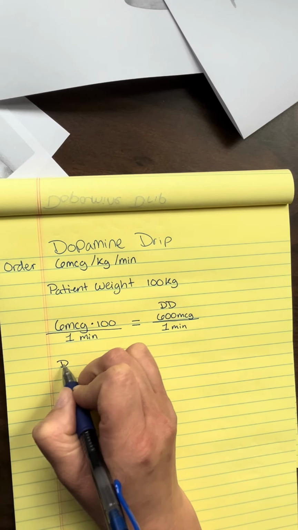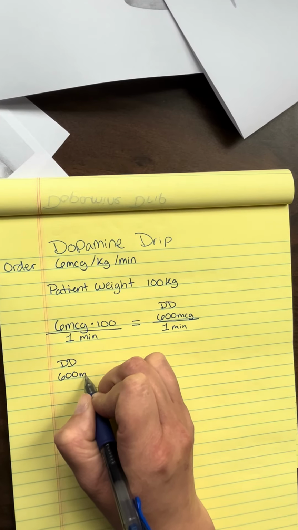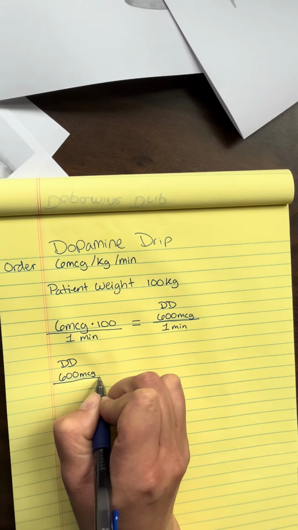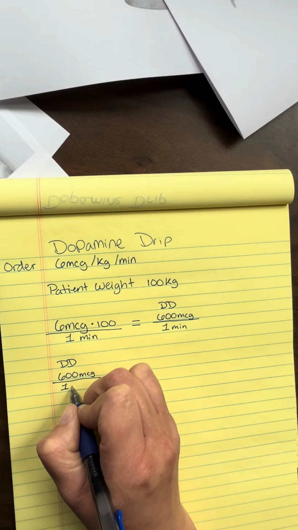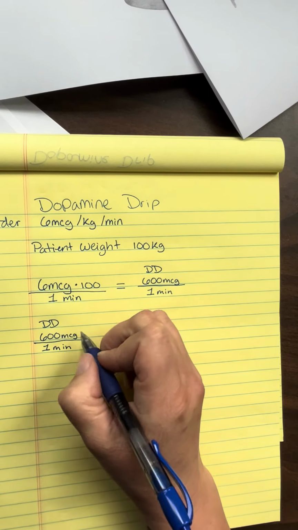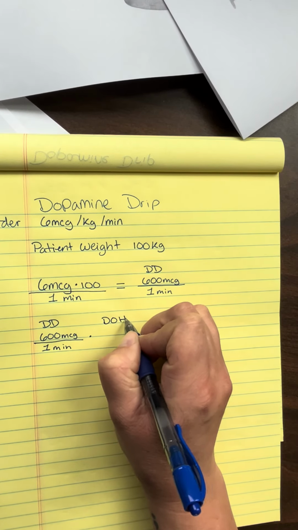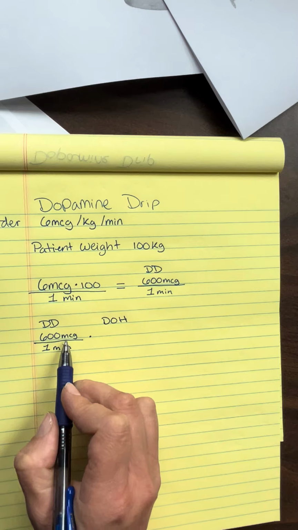So we're going to bring our desired dose down here. 600 micrograms over 1 minute times our dose on hand, and our micrograms on the top.